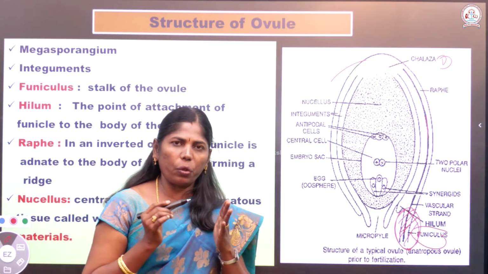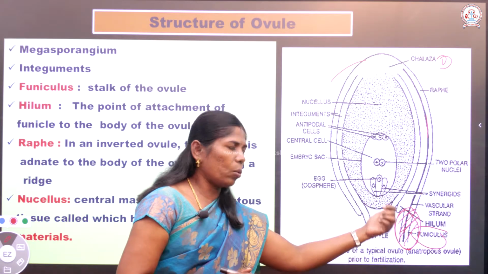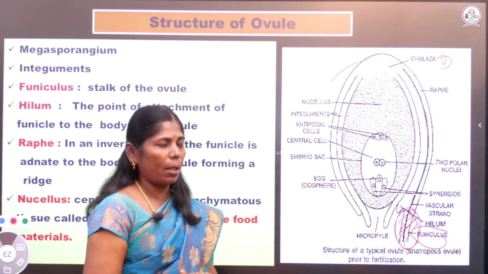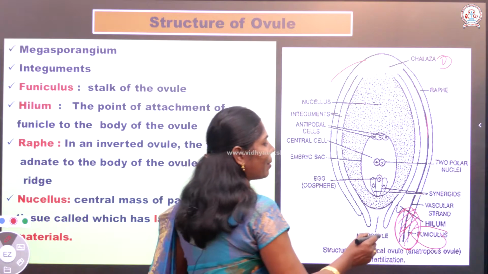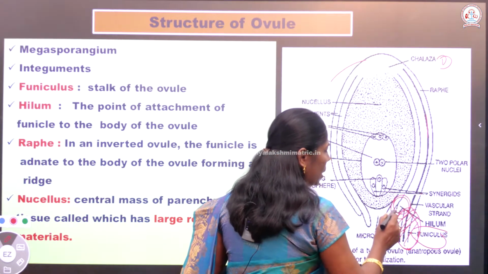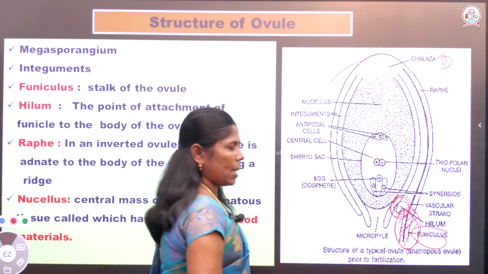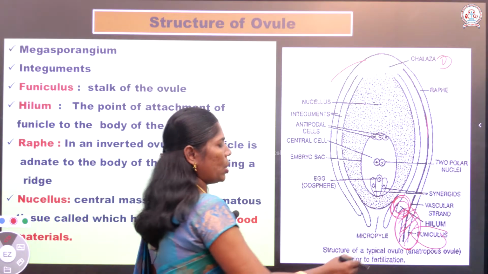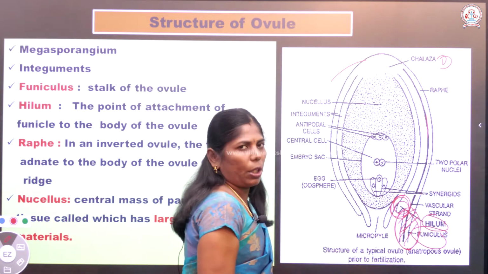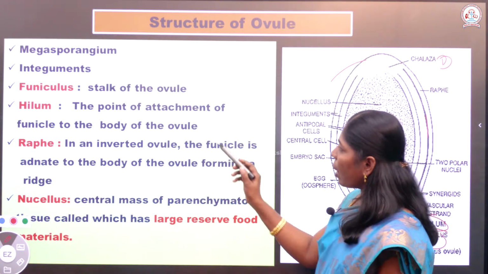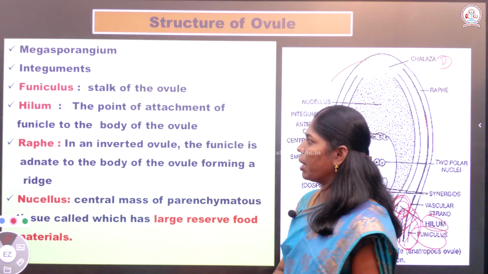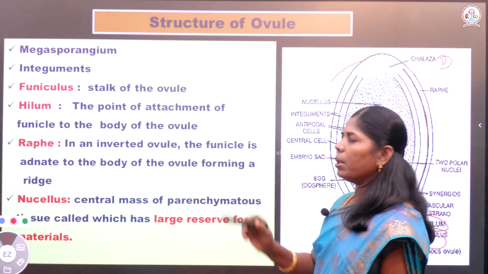What is the function of the funicle? It attaches the ovule to the placenta. Where the funicle is attached to the body of the ovule, that point of attachment is called the hilum. Hilum means the point of attachment of the funicle to the body of the ovule.